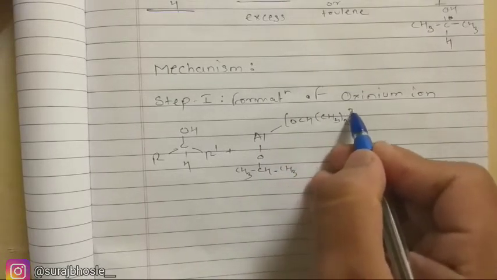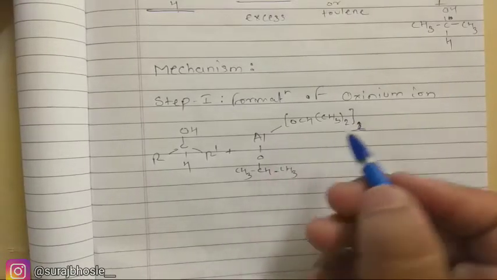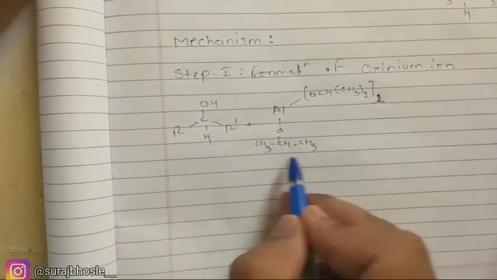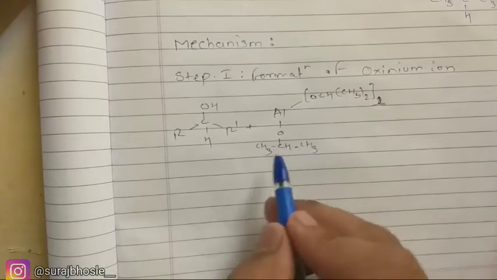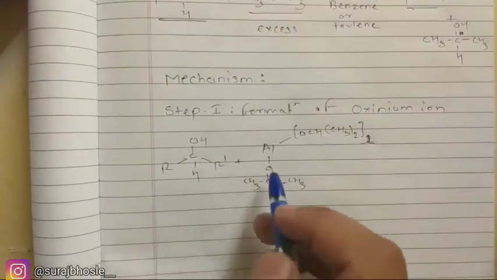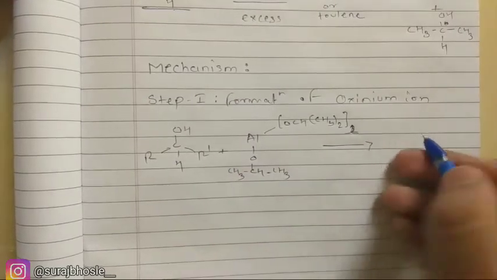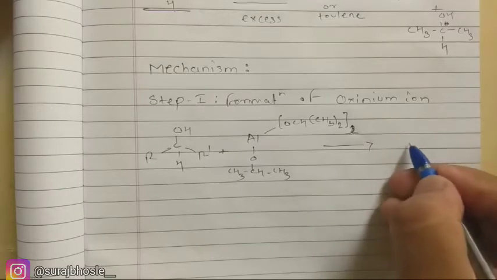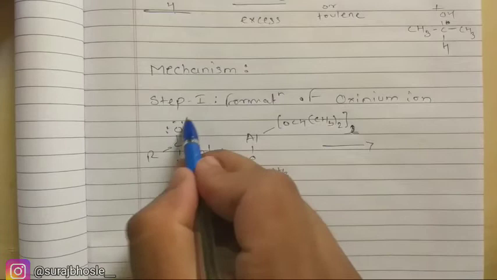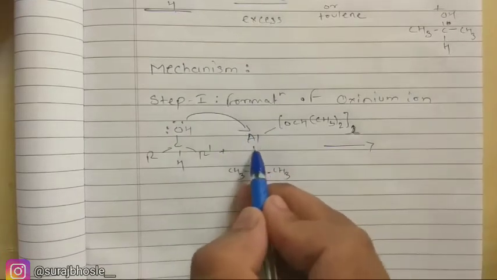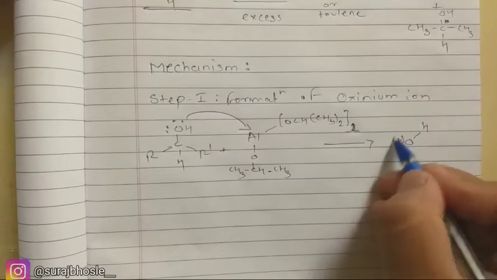Here it will be like OCH(CH3)2 twice, this thrice. Why twice? Because one of them reacts, which will lead to the formation of the oxonium ion. One of the lone pairs is accepted by the aluminium, which leads to the formation of the oxonium ion.